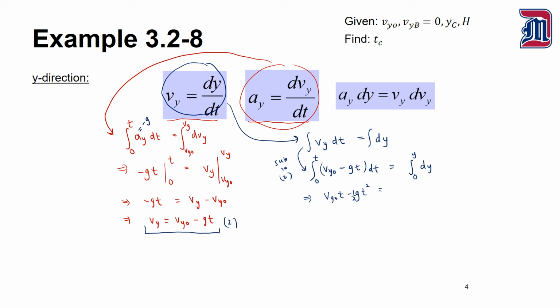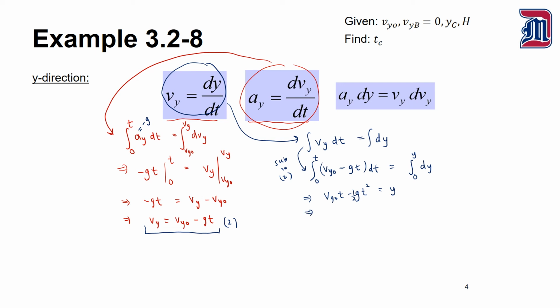And on the right-hand side, we have y. You might recognize that as one of our constant acceleration equations. In general, any of these, when we go through them, we can derive back those constant acceleration equations.